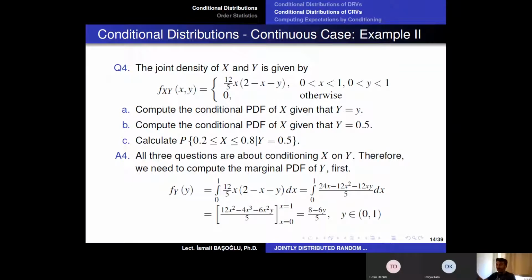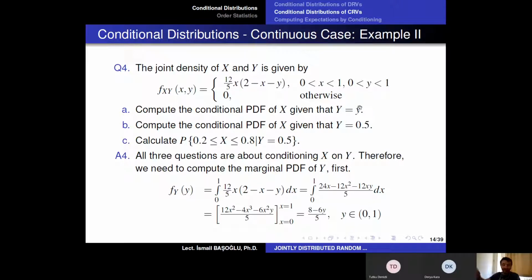For example, if part C asks for the conditional probability of x being between 0.2 and 0.8, given that y is equal to 0.5, then once I determine that conditional PDF of x for a general y, I will just plug in 0.5 in place of y first.